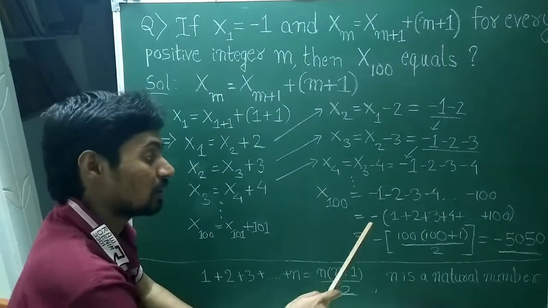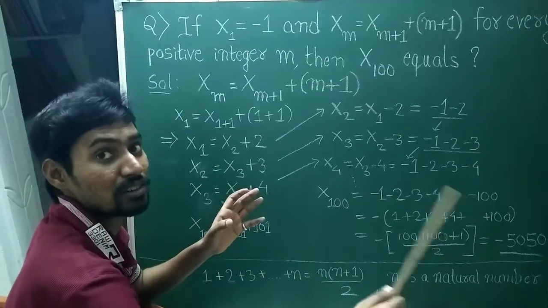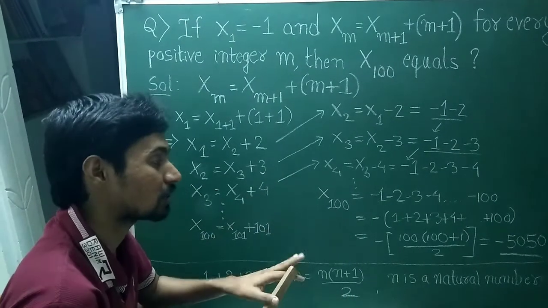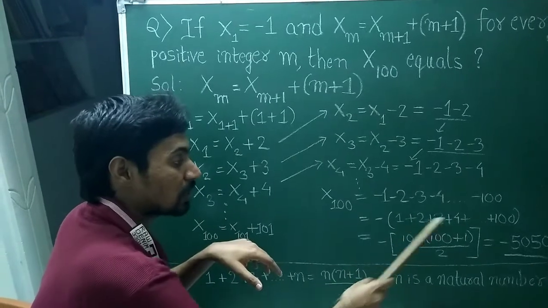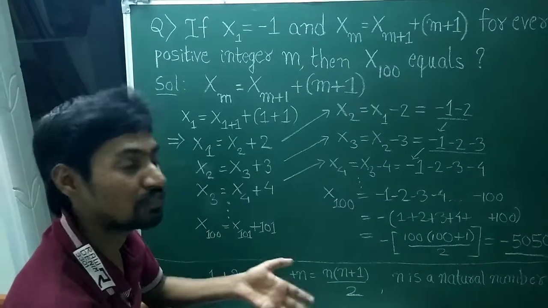Like that, you go up to half of this sequence, 50, and the next half starts with 51. 50 plus 51 will also be 101. So in total, you are getting 101 plus 101 plus 101, like that. How many times? 50 times.